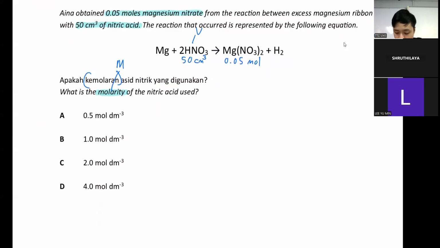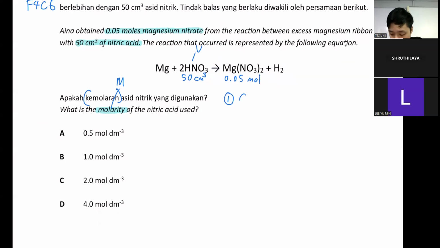So you got two steps. First step, cari nisbah. In English, it's called find mole ratio.